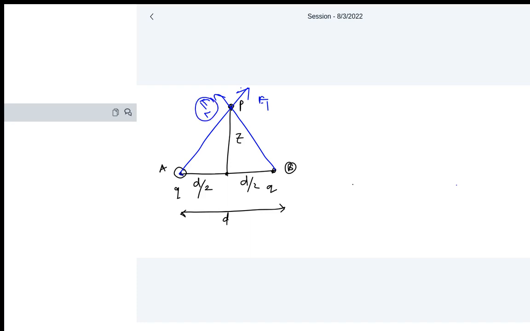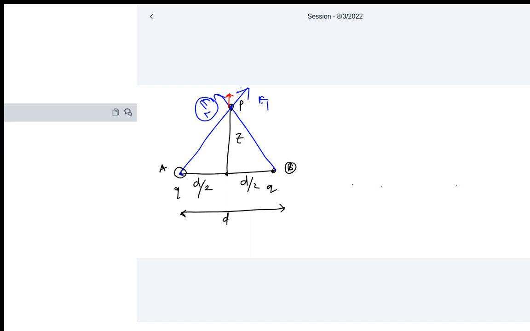So this is the electric field E2, and the resultant electric field direction is along this direction. This is the resultant electric field direction, and this is what we calculate, E.